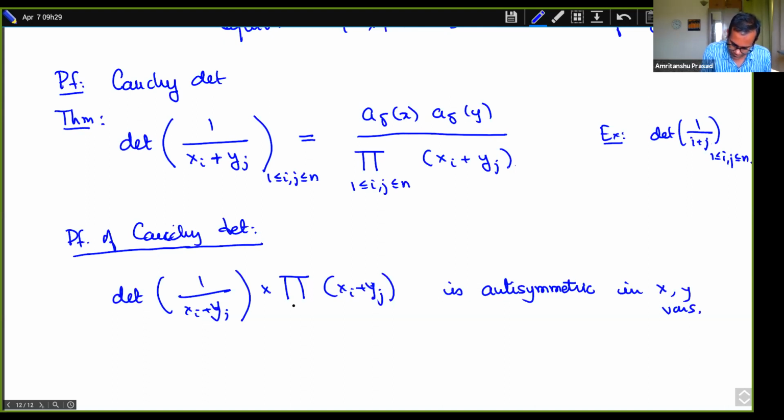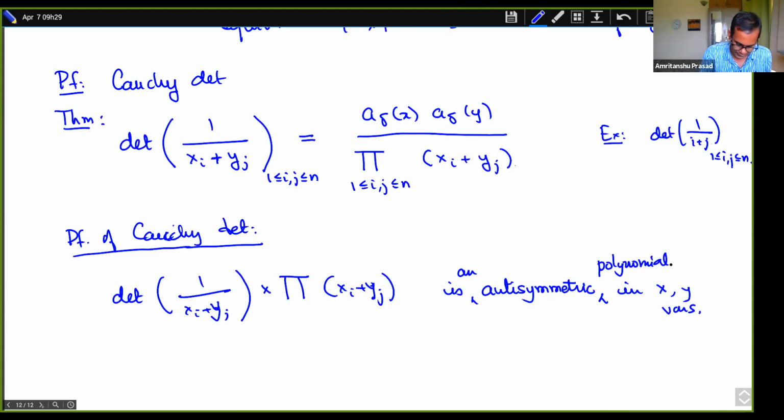So I can fix an i, take all the terms which involve x1 and multiply the first row by that. I can take all the terms that involve x2 and multiply the second row by that. And then this product actually becomes a polynomial. It is an antisymmetric polynomial.